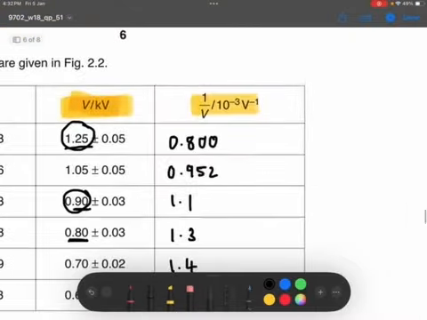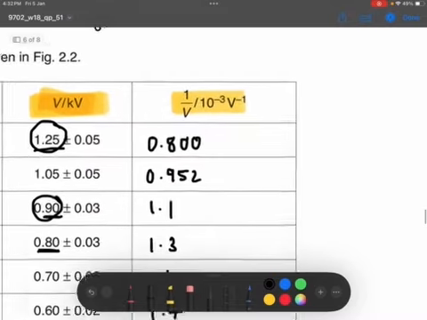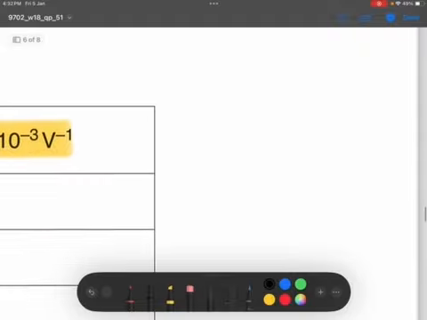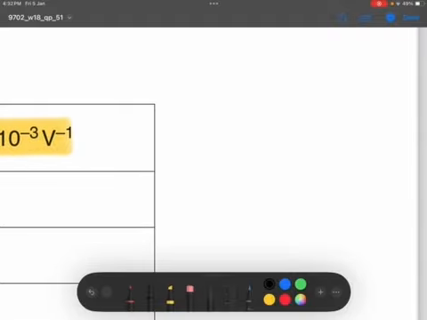We are given the uncertainties of v, but we need to find the uncertainties of 1 over v. So we have to use uncertainty rules. And which rule do we use? Here, I'll use the rule which says a is equal to x over y. If you are to find the uncertainty here, there's no way you can find delta a, the uncertainty of x over y, because there's division in this case.